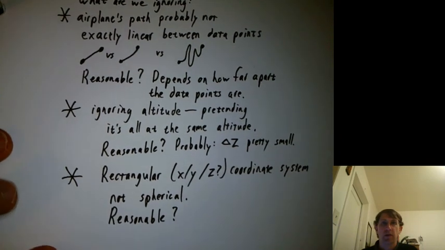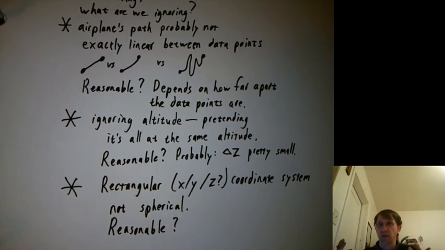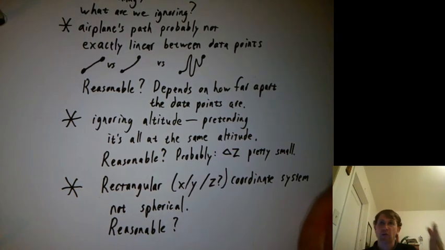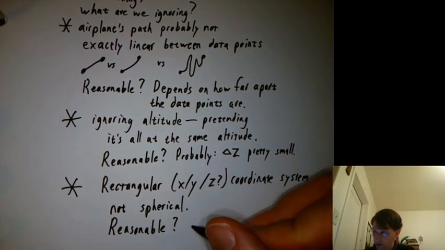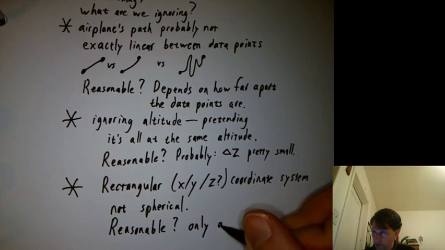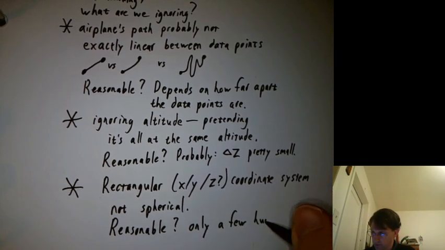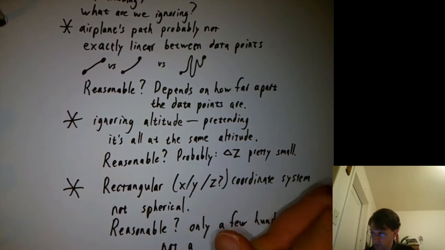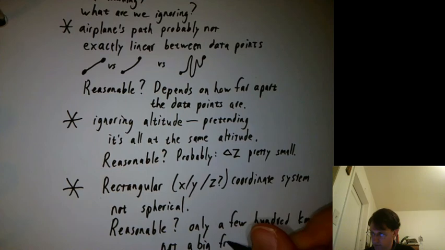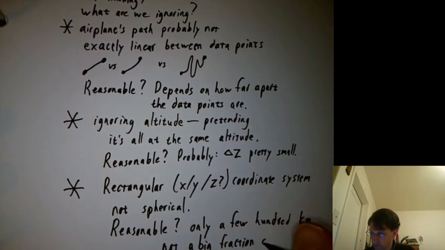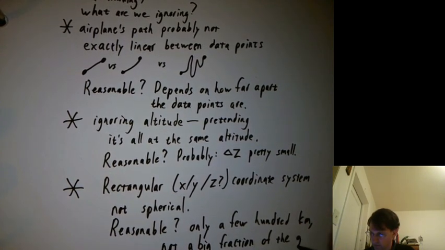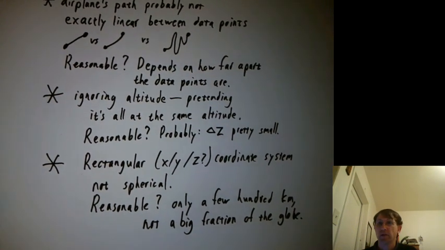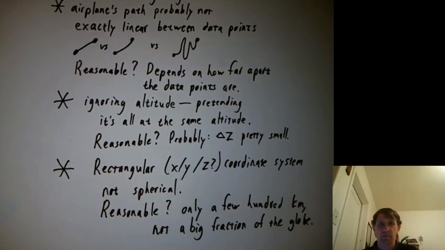Well, this part of the flight was, again, only maybe a few hundred kilometers, so we weren't tracking it as it flew around a quarter of the globe or anything. So it's probably pretty reasonable. Unless it was a flight on a smaller globe like Mercury or something, but she didn't mention that.